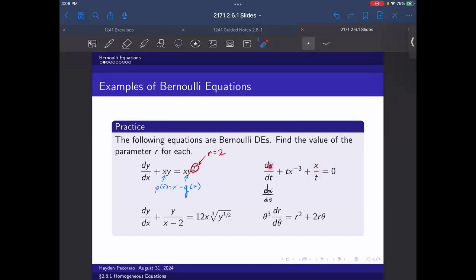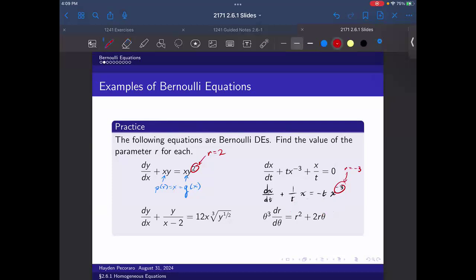We have x as the dependent variable, t is the independent, and so we want this part to be p times x, and then this part is left over, so that goes to the other side, and we have plus 1 over t x equals minus t x to the -3. And then there's our value of r. And again, there's our q, this time of t, and p of t.